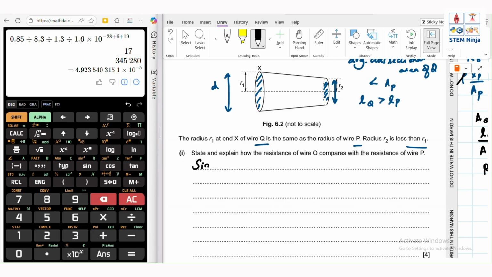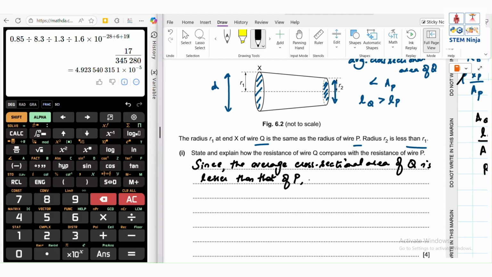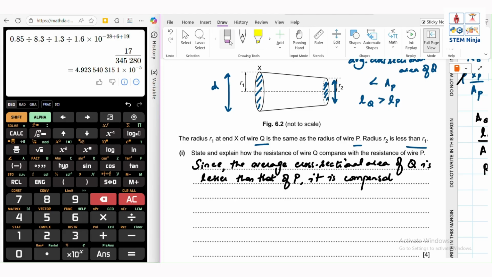So we can say, since the average cross-sectional area of Q is lesser than that of P, we can say it is compensated by a longer length.